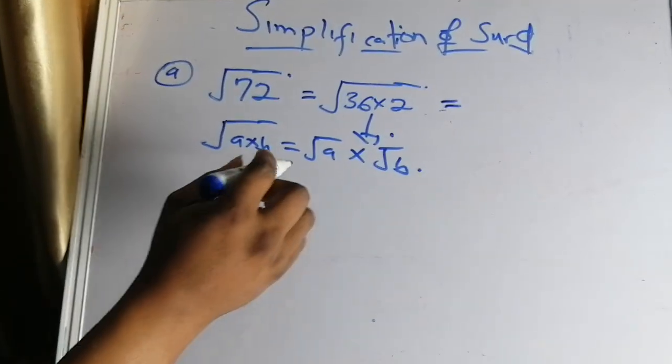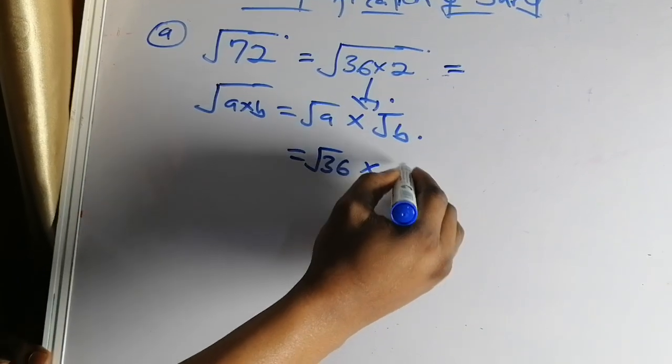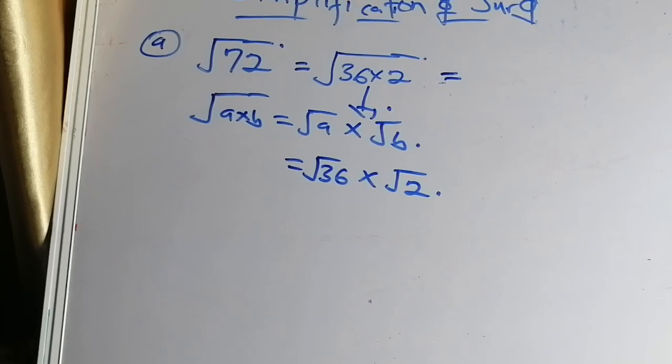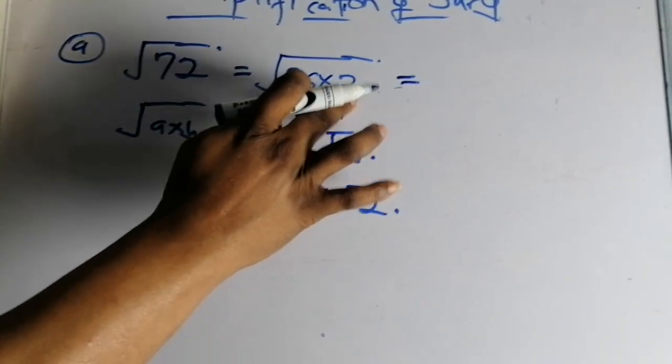So it means I can say root 36 times root 2. I'm trying to simplify, so don't forget the validity of SURD. I'm trying to apply the validity of SURD in this question.